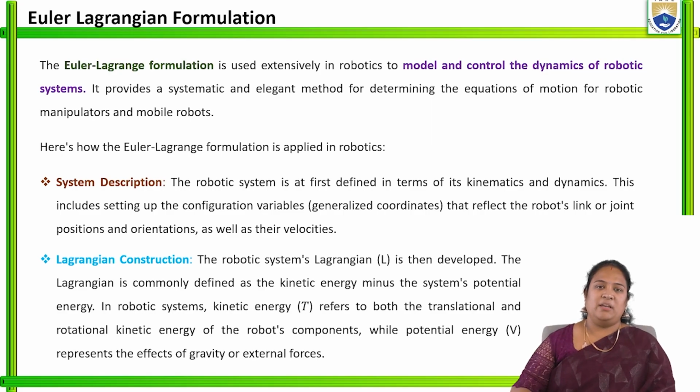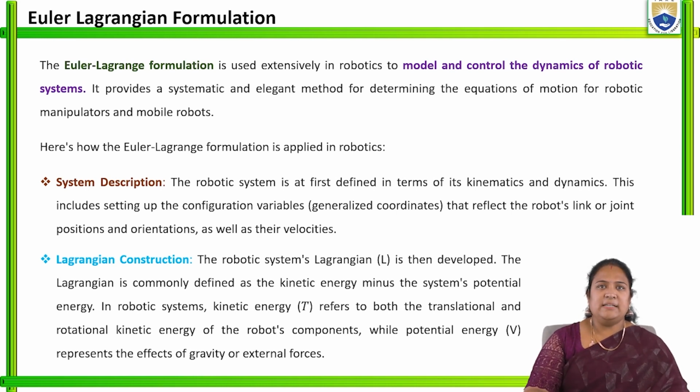Firstly, what do we mean by the Euler Lagrangian formulation? This Lagrangian is used to determine the model, or to control the dynamics of the robot system. The Euler Lagrangian formulation is extensively used in robotics to find the model and to control the dynamics of the robot system.